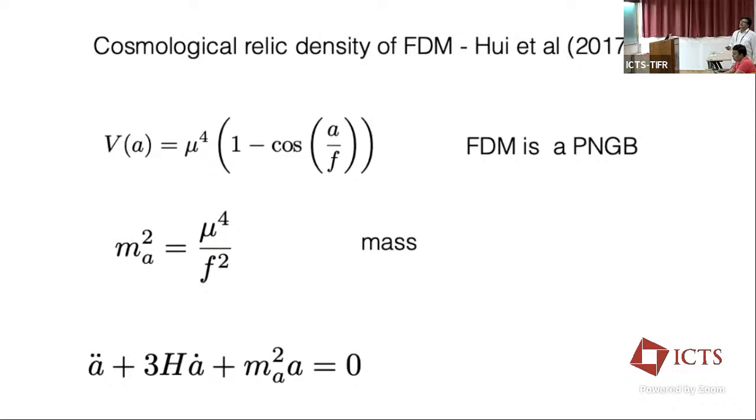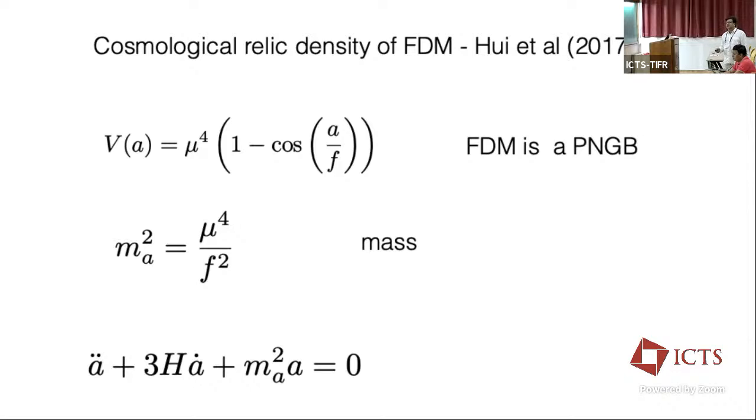Okay, why is that number, 10 to the minus 22, interesting? It's interesting because it also coincides with what you need from this fuzzy dark matter to give you the correct relic density. So you have this potential, which is characteristic of your Nambu-Goldstone boson. There's a shift symmetry, and if you expand this in a power series, then the quadratic in A will be the mass term.